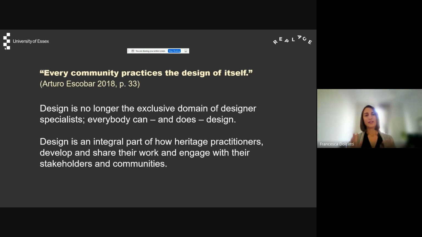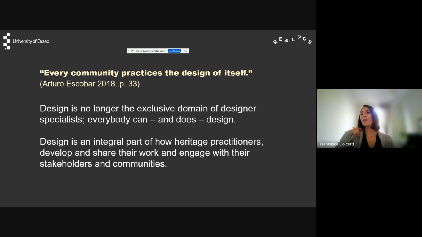But who does design? I always like to include this quote from Colombian American anthropologist Arturo Escobar that says, every community practices the design of itself, because I truly believe that it perfectly encapsulates the notion that design is no longer the exclusive domain of specialist designers, but design actually structures all aspects of life, and everybody can and actually does design.